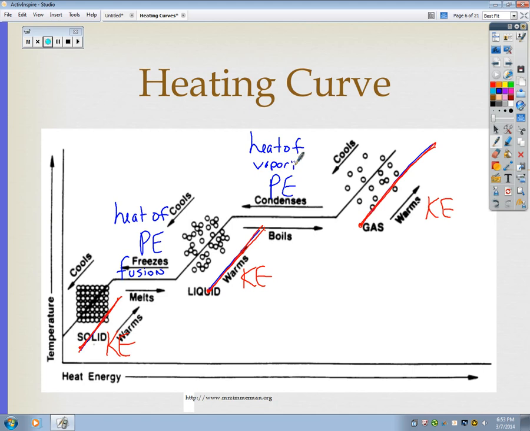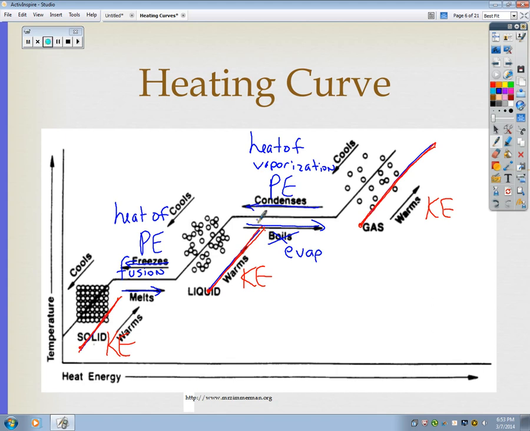Now what does it mean to say heat of fusion and heat of vaporization? Well, heat of fusion means how much energy it takes to melt an ice cube or any kind of solid, or how much energy is given off when it freezes. How much energy it takes to evaporate something, and how much energy is given off when it condenses.